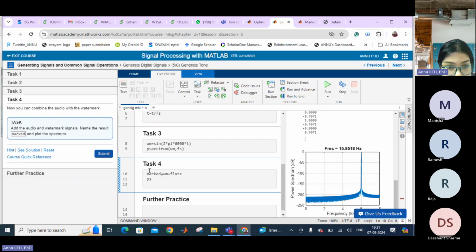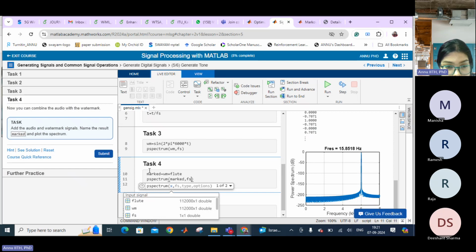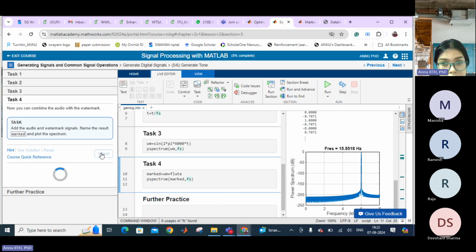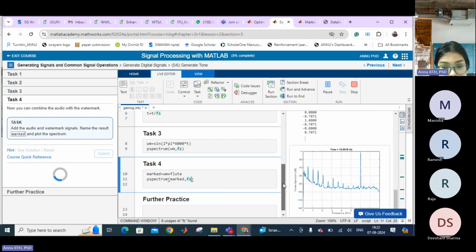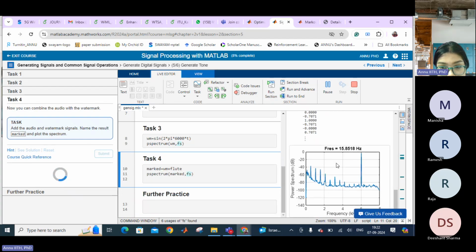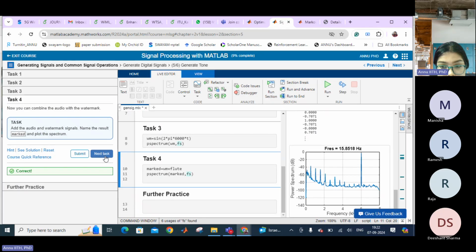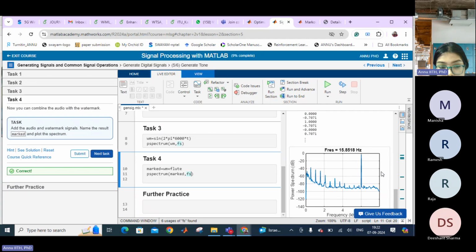Correct. We can see here, after 6 kilohertz, we can actually apply a low pass filter. This is showing the watermark that we added in the audio file.